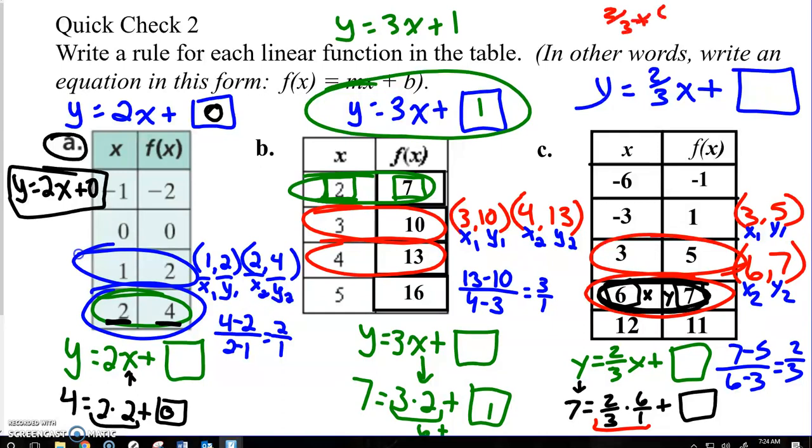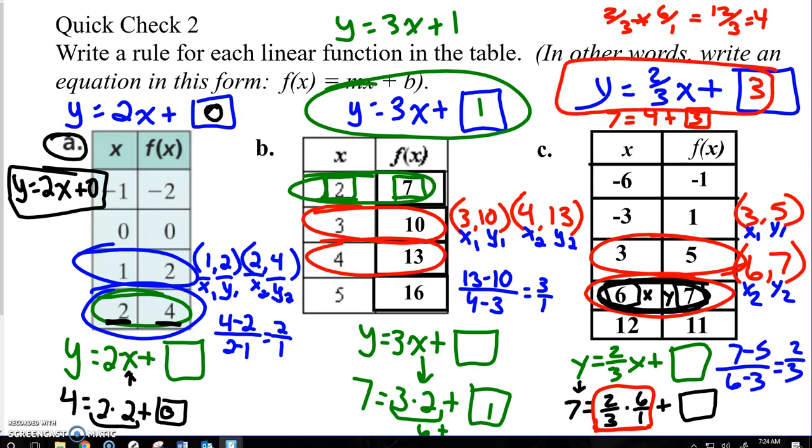That's 12 over 3, which is 4. So here's what I've got. 7 equals, this piece turned into 4 plus whatever's in that blank. Oh, 3 goes in that blank. I just solved the problem. Y equals 2/3 x plus 3. That is my equation in slope-intercept form.